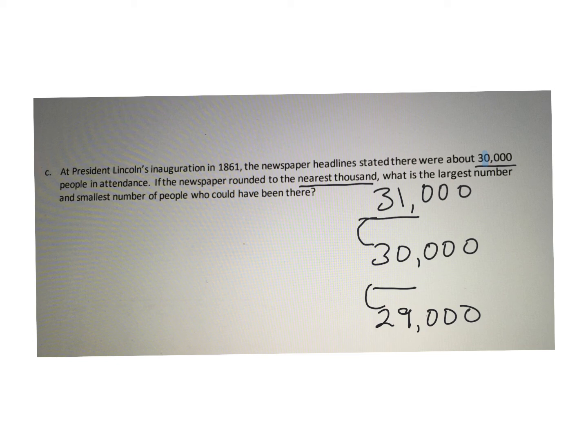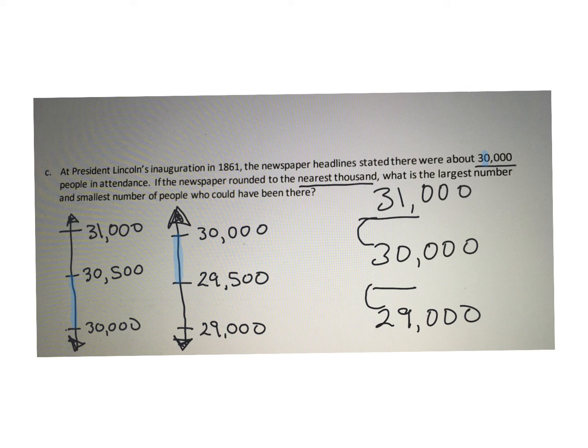So let's think about that just a minute, and I'm going to draw a number line for you. Okay, I actually decided to draw for you 2 number lines, and the reason is because I wanted you to see that if anything was over 29,501, then that would be rounded up to 30,000.